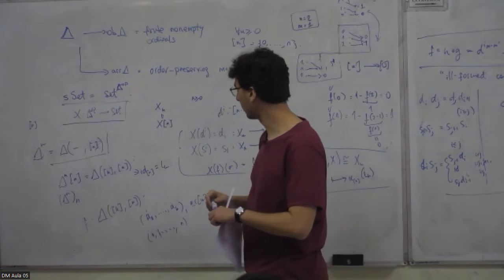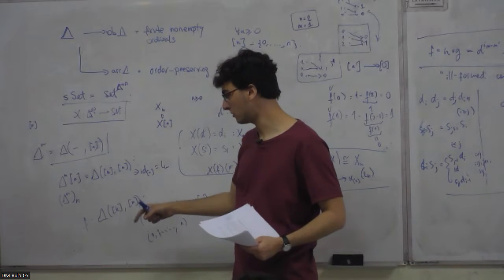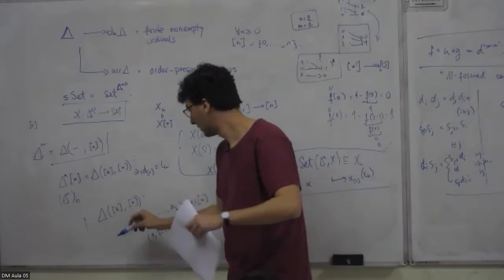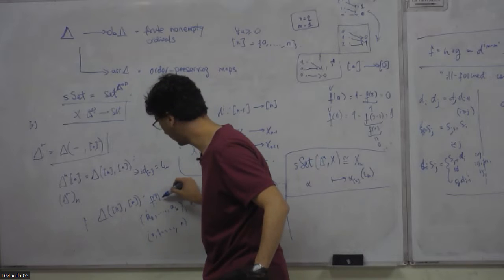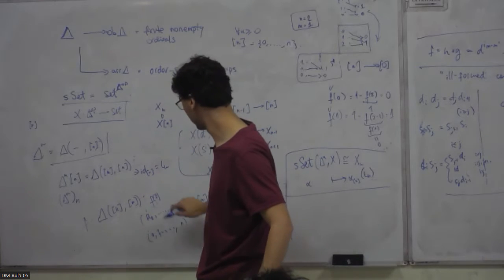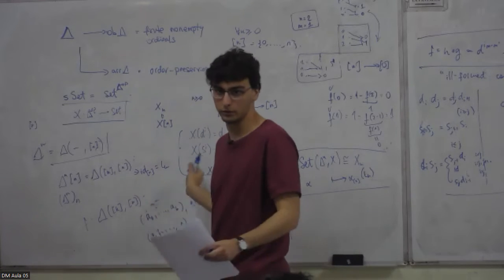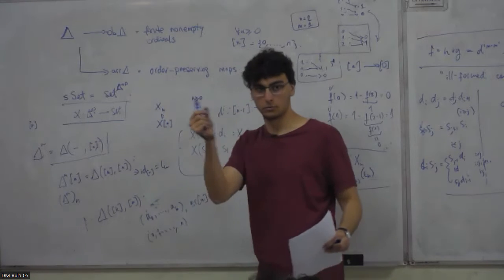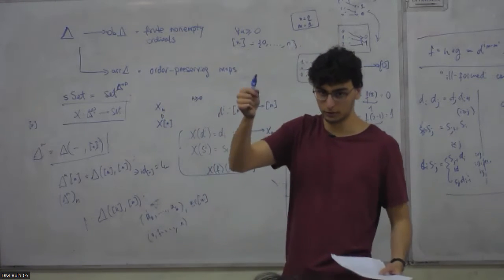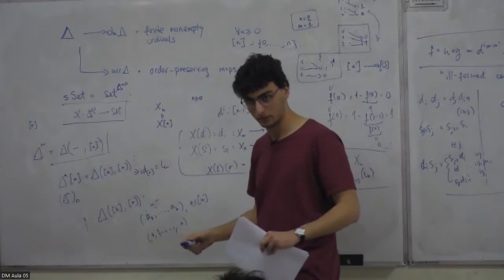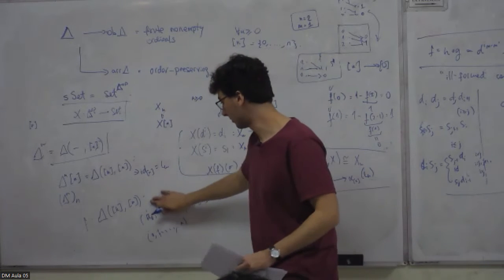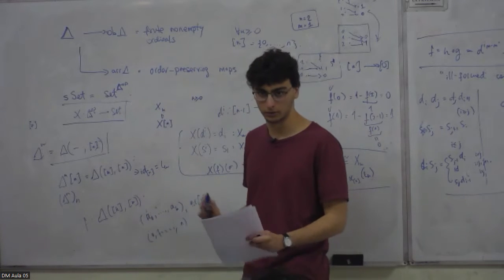The tuple would basically be f of 0, f of 1, f of 2, etc. up to f of k. That's the tuple basically, and it is increasing. You can have two or more consecutive guys which are the same, but you never decrease, right? Because the function is order preserving. So you can represent it like that.